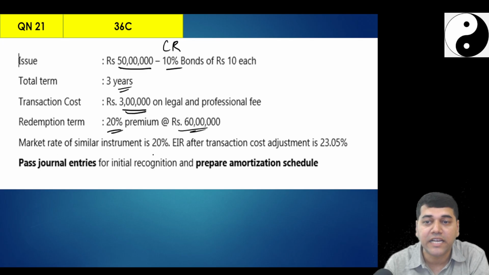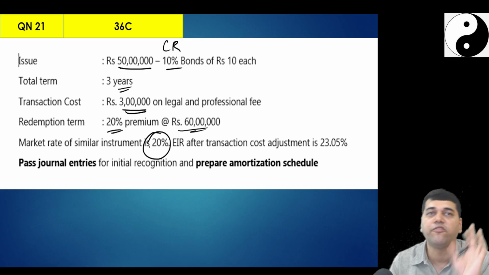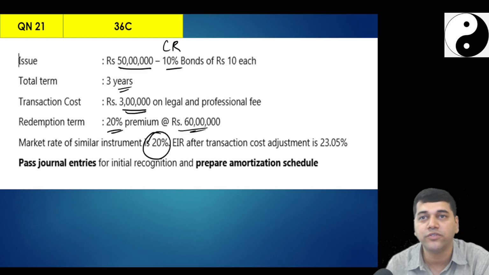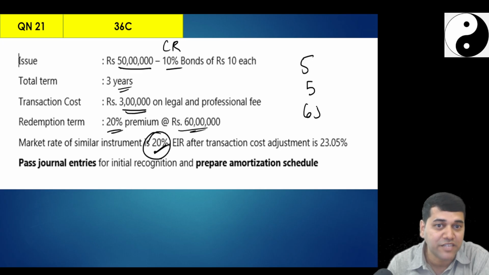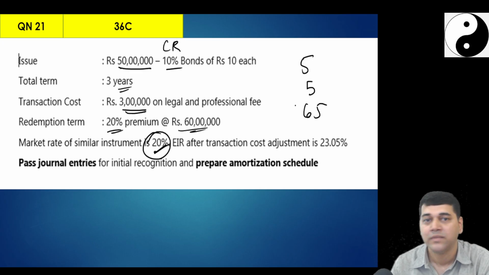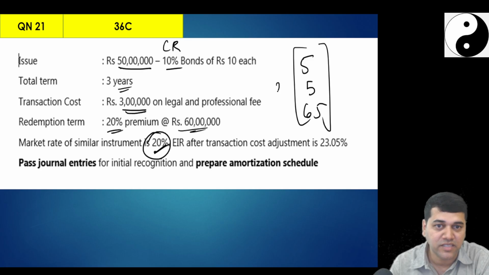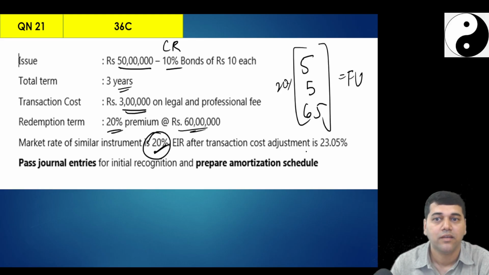Now the market rate of interest is 20%. Chalo, it's an off market. Then which discount factor will you use? 20% you will use to find out the CCF. What is your CCF now? 565. So you will use this 20% and find out the fair value. What about this?